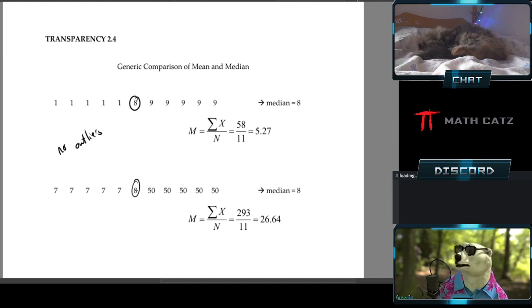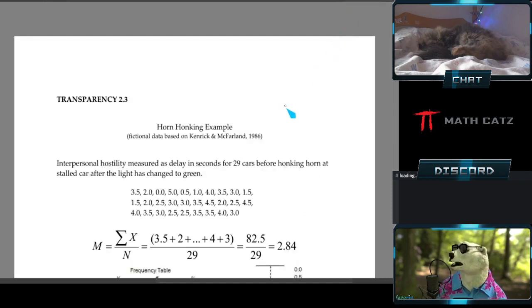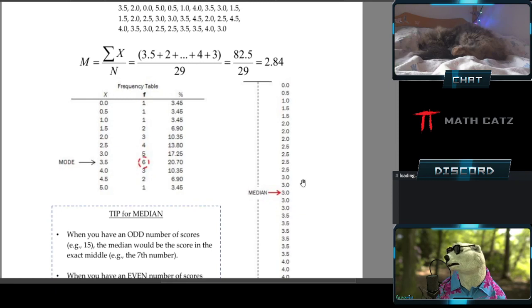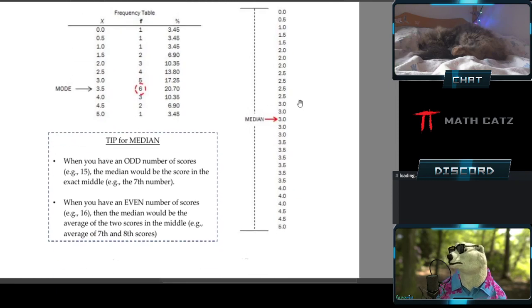All right, let's look at the next slide. Horn honking example again, which I don't think we've done for the median. We've done the mode, done the median. I arrange all these, which can be very tedious to do by hand. We shall see. Look for the middle one. Median is 3.